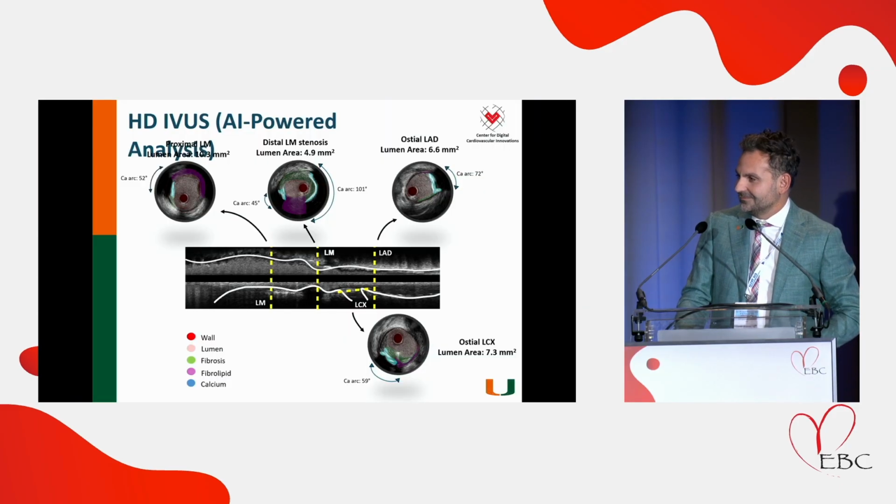Now that we see this IVUS, I see that there is a really limited plaque burden, and we have borderline significance for lumen area stenosis, not in terms of guidelines, but in terms of correlation with possible ischemia.